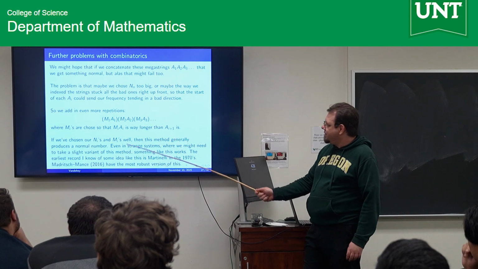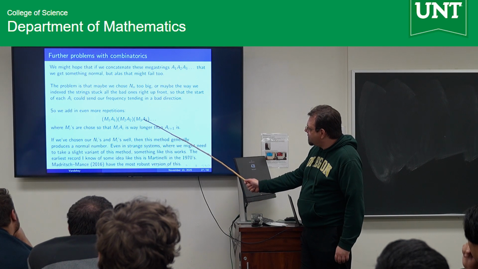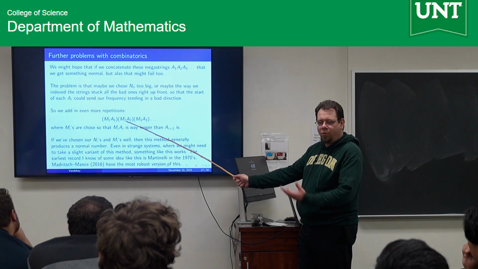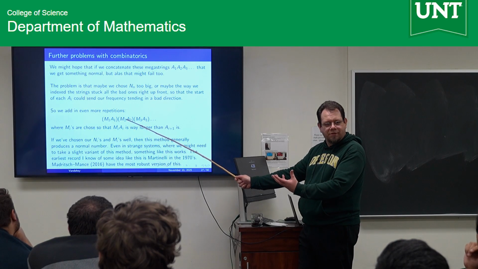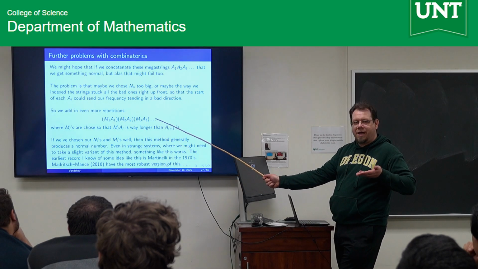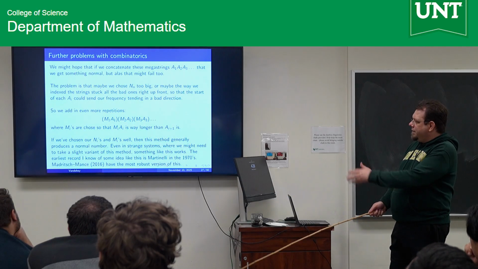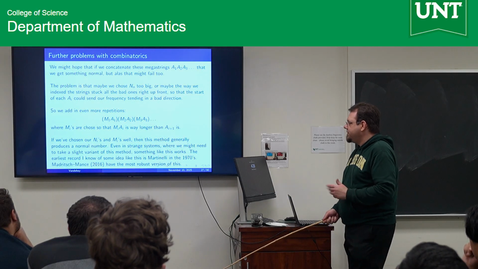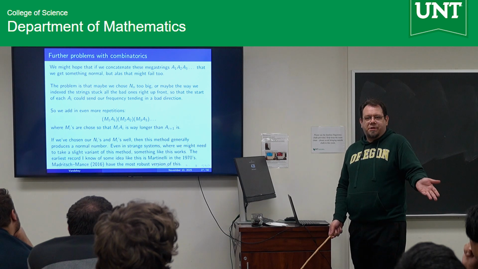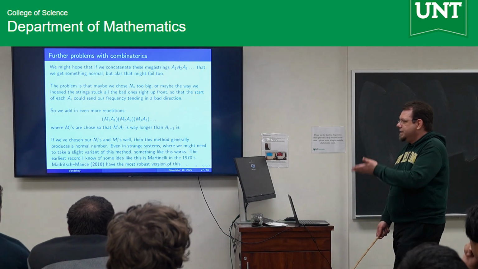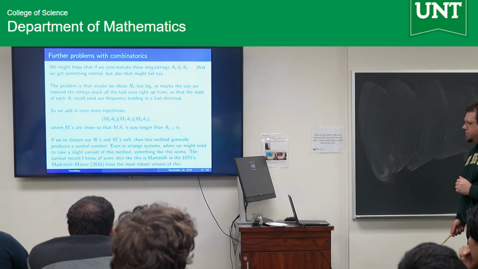That will basically guarantee that when I start looking at this one, I still kind of hold on to the behavior of what I saw before until this one has time to go through its entire length. And if you choose your N_i and your M_i well, then this method basically always produces a normal number, even in some of these strange systems that we were seeing before.